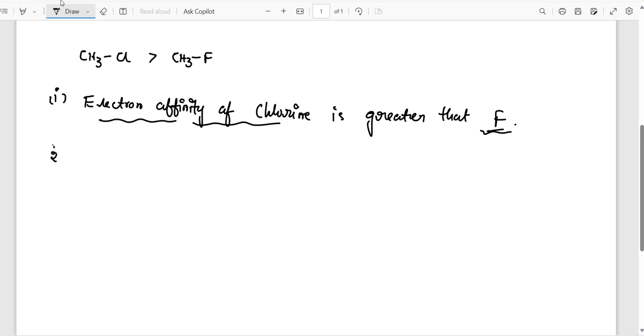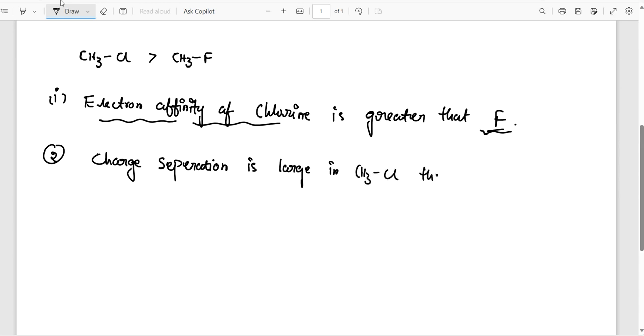And the second reason is that the charge separation is large. Here we observe that charge separation is large in methyl chloride than in methyl fluoride.